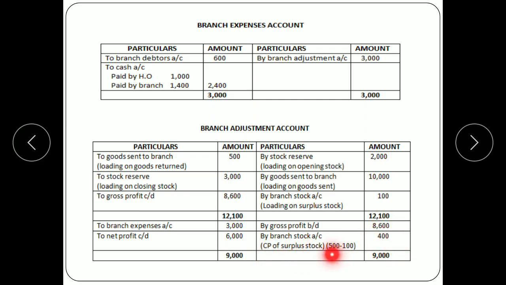The invoice price we had was 500, we calculated the loading 100, 500 minus 100 we get cost price of surplus stock 400. So for closing this account, credit side is more, total is 9,000. So difference is transferred on the debit side and we get net profit of rupees 6,000.